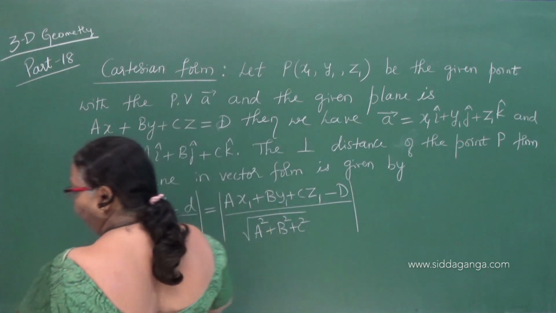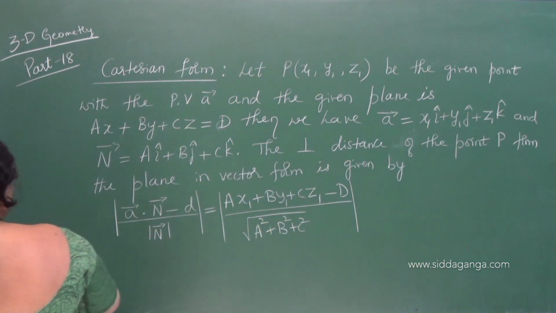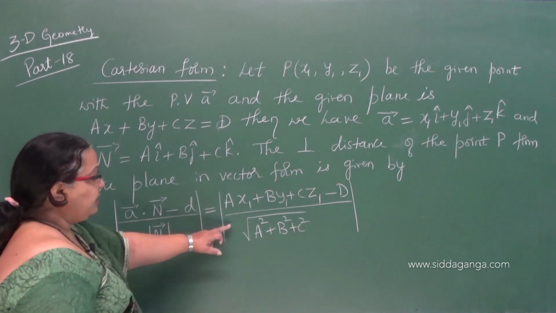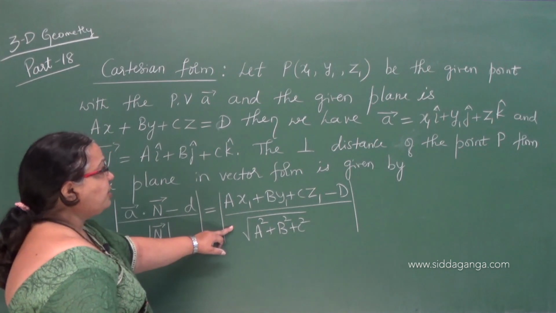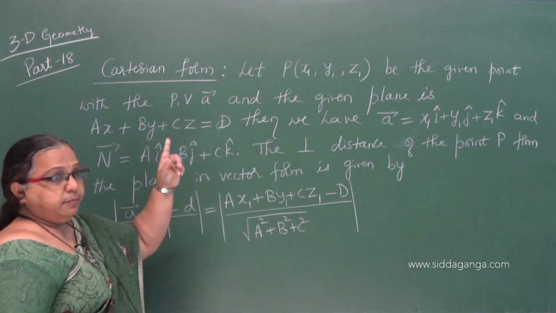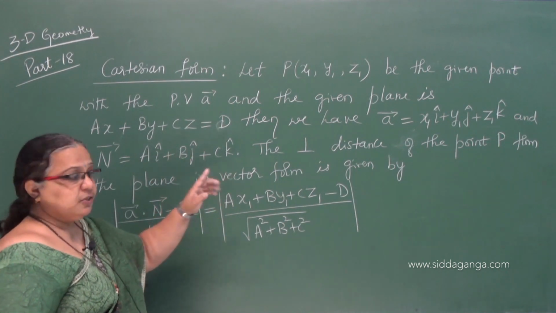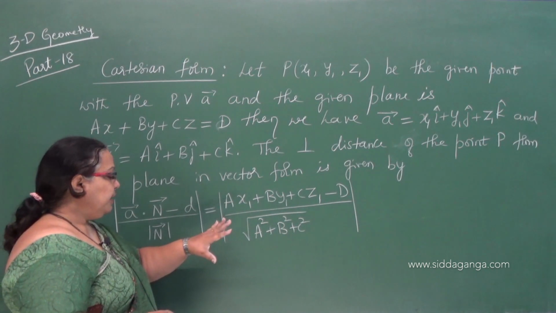So this is the formula in the Cartesian form, which represents the distance of a given point from the given plane.